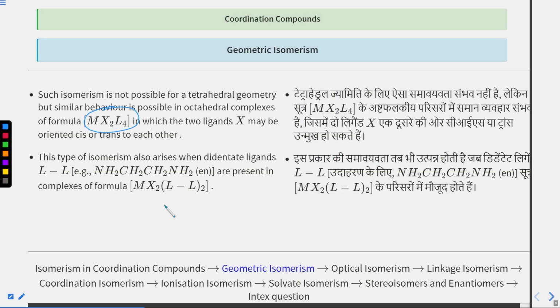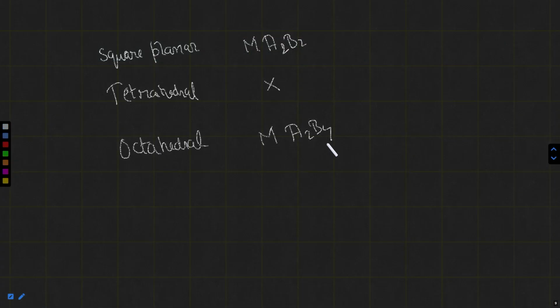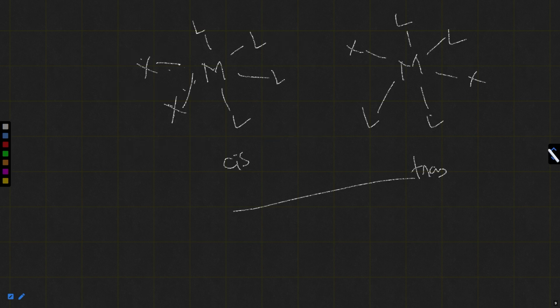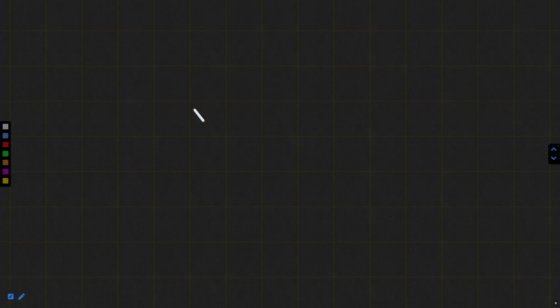Now, suppose we have a multidentate ligand, in that case also we will see the geometrical isomerism. What I am saying is that suppose we have an example of this. So we have a bidentate ligand. A bidentate ligand can chelate through 2 points. So one point is this and one point is this.